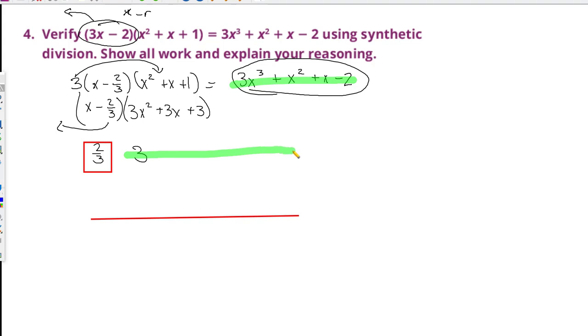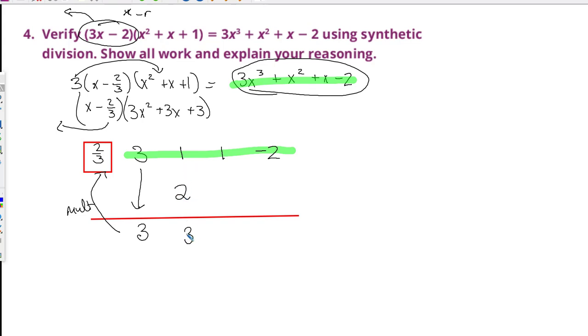So it's going to go here: plus 1 plus 1 minus 2. So I'm going to drop the first 3, multiply, and that gives me 2.